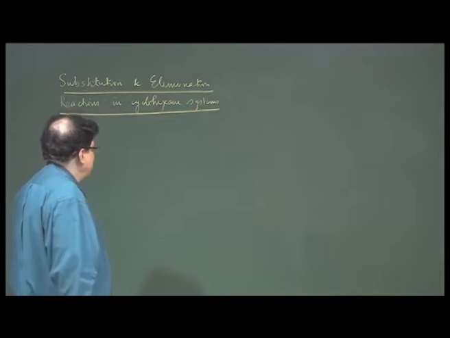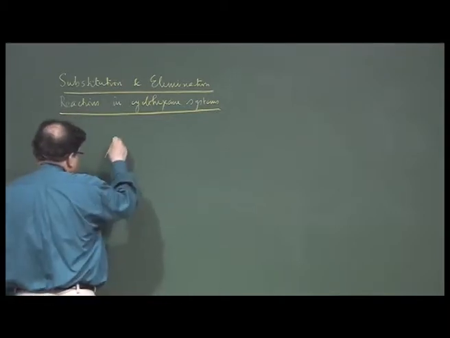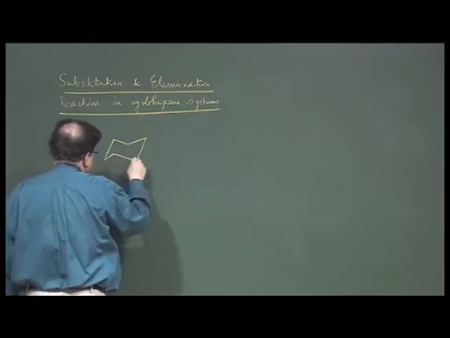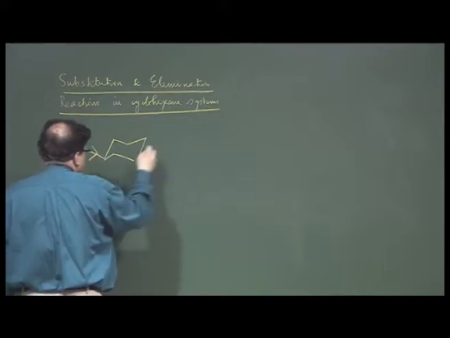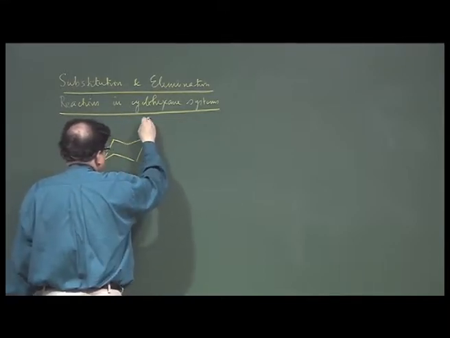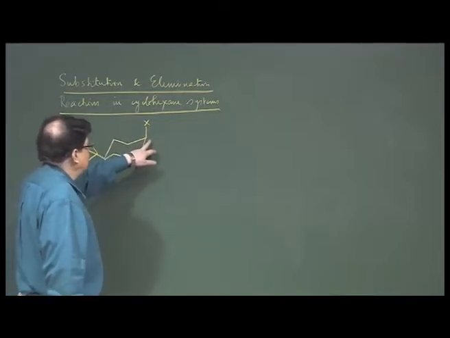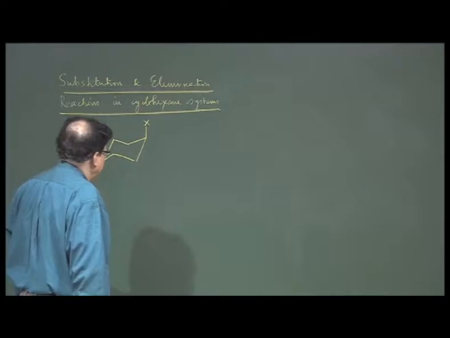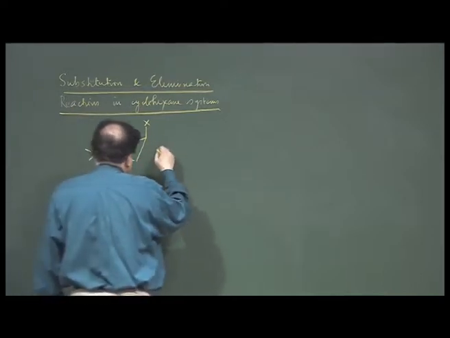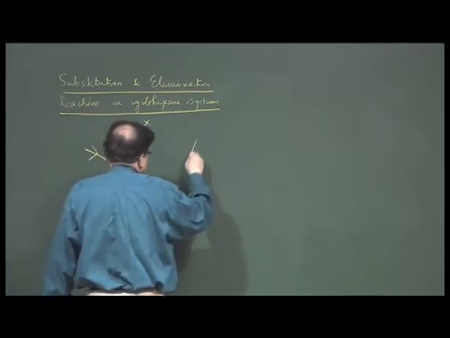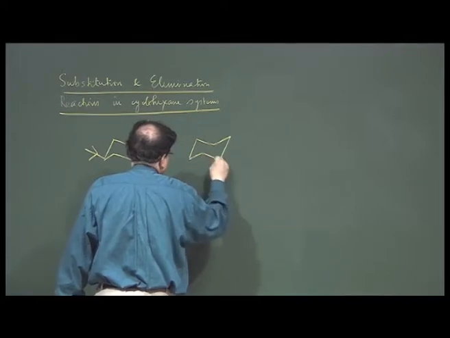Okay. Now, if we take a cyclohexane, suppose this is 4-tertiary butyl cyclohexane with a leaving group at C1. Now, this can exist in two diastereomeric forms.